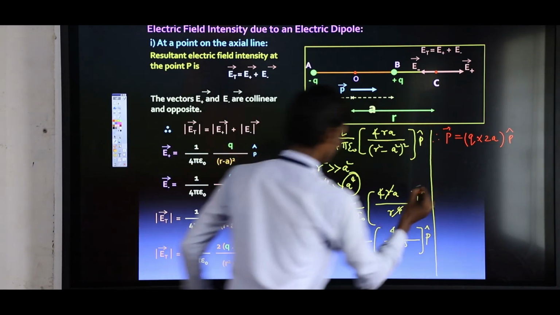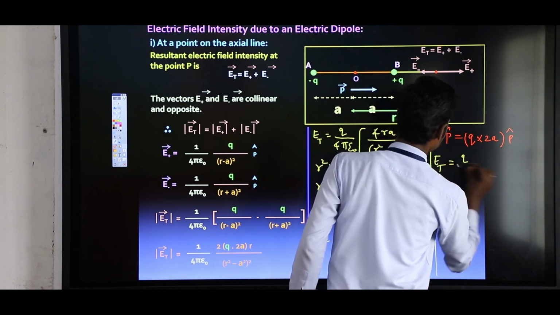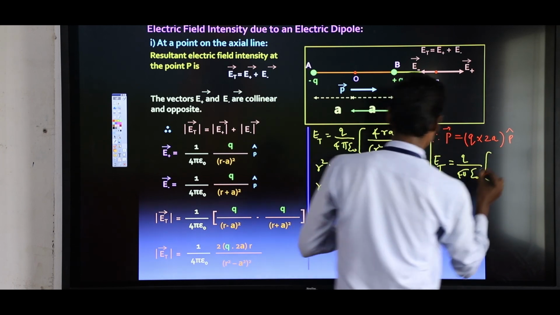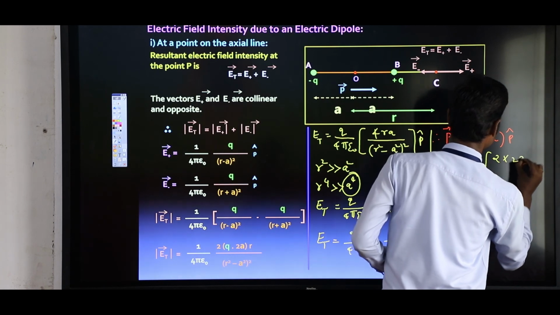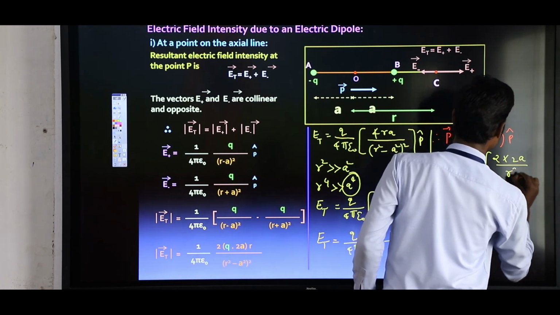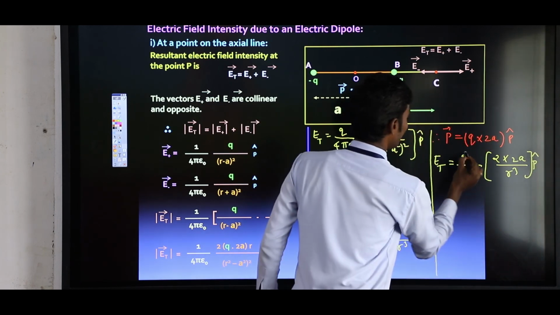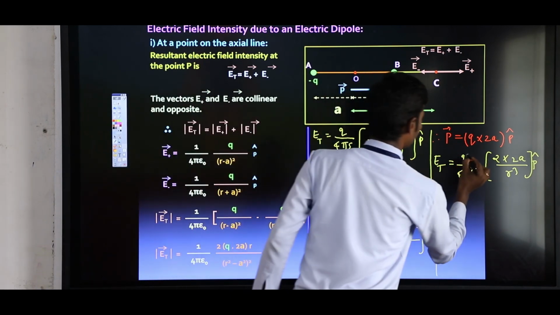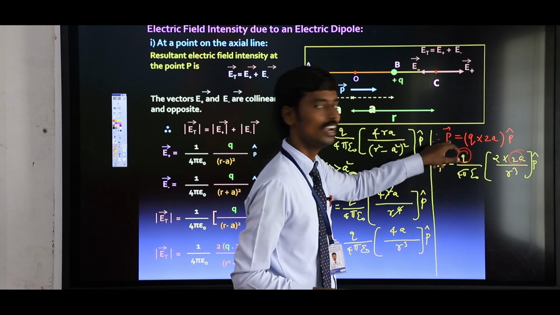Et equal to Q by 4 pi epsilon 0 into 2 into 2a divided by r cube into P cap. See here, Q into 2a, already we know that Q into 2a is the dipole moment.